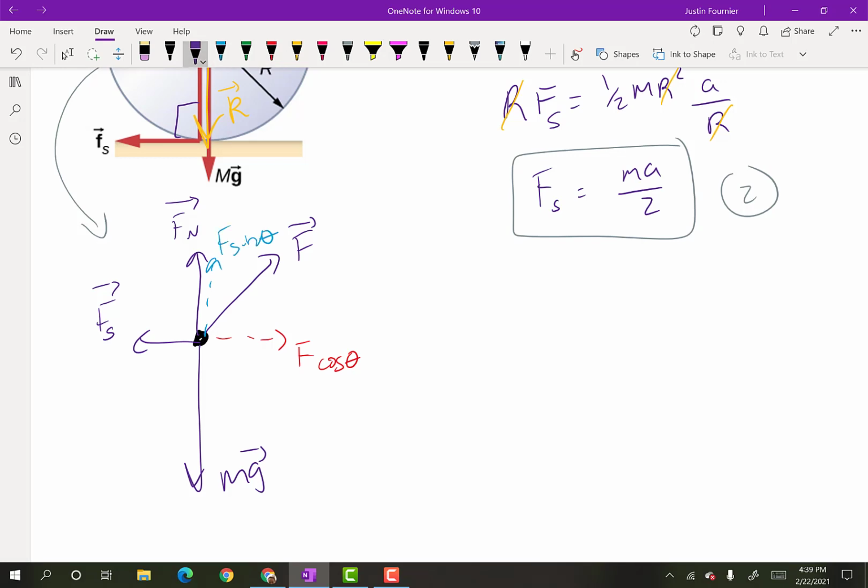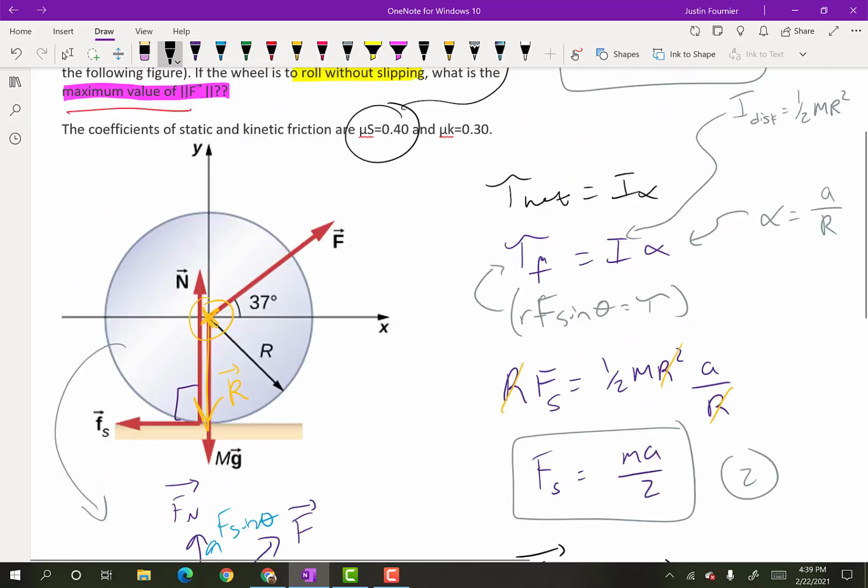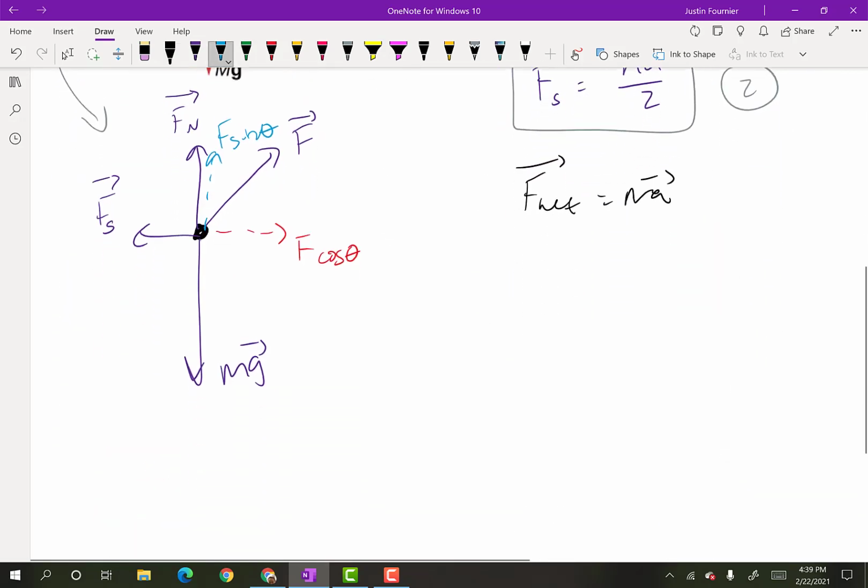And now applying Newton's second law, F net equals ma. So in the x direction, it's going to be F cosine theta minus the static friction force equals the mass times the acceleration. And there's one relationship right there.